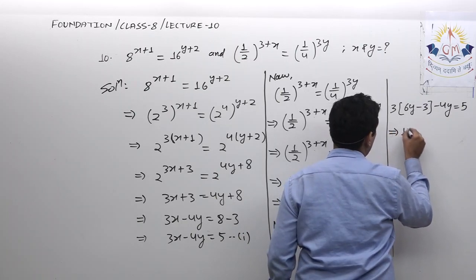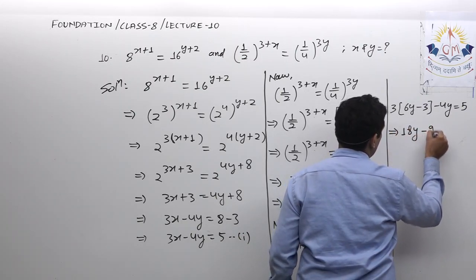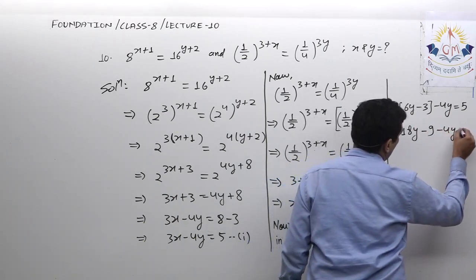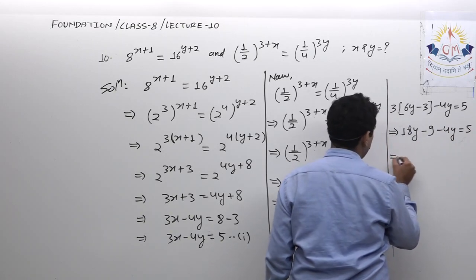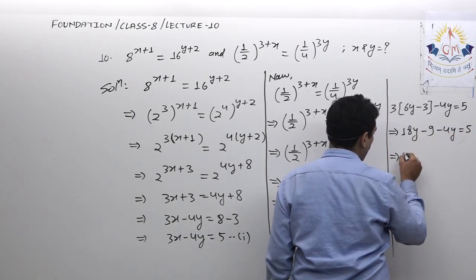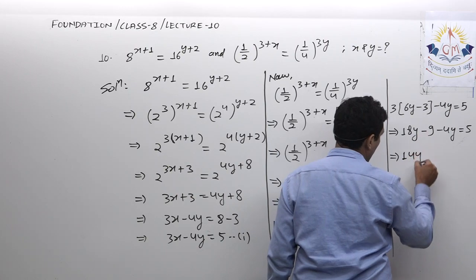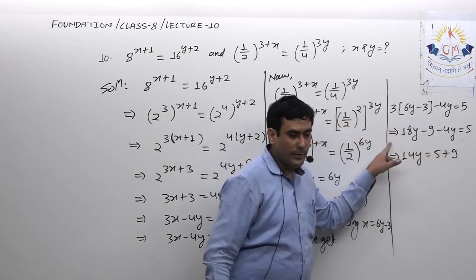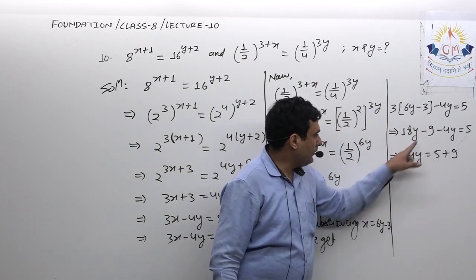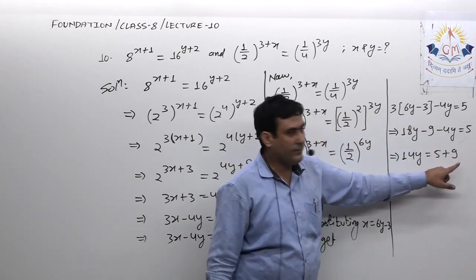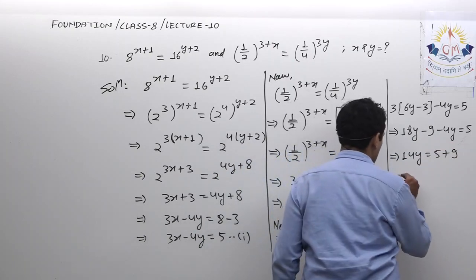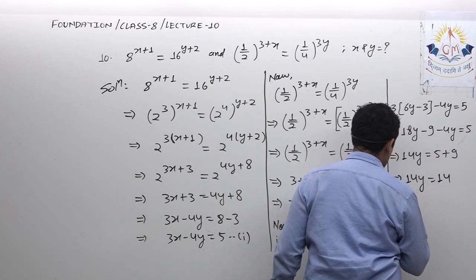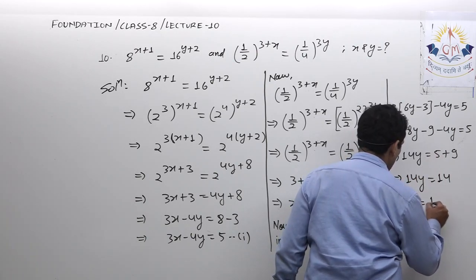So that is 18y minus 9, 3 into 6 is 18y, minus 9 minus 4y is equal to 5. 18y minus 4y, that is 14y, is equal to 5 plus 9. Minus 9 will come to the other side, 5 plus 9. So 14y is equal to 14, therefore y is equal to 1.